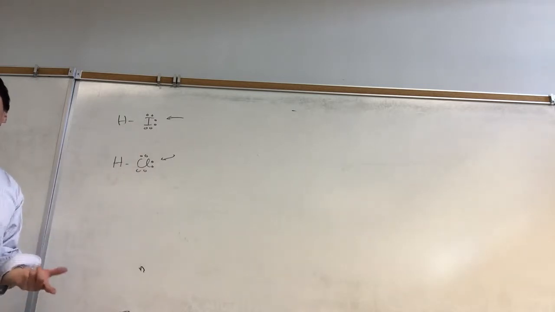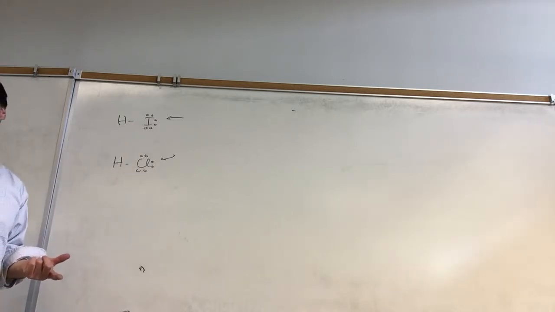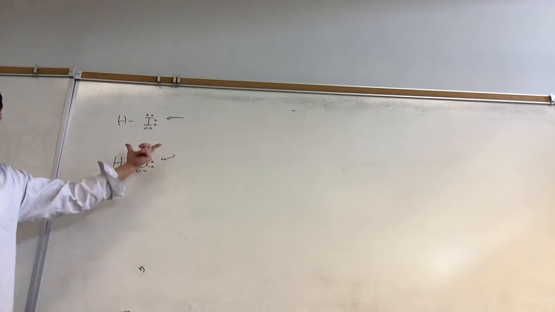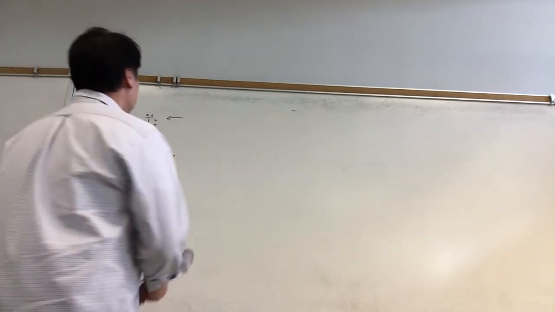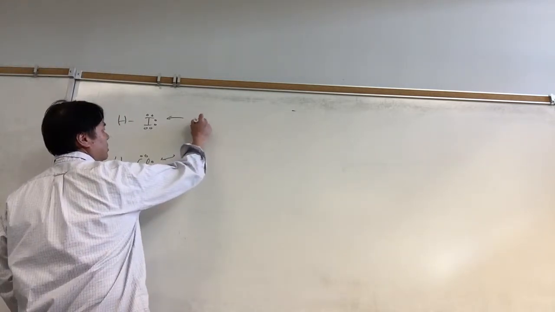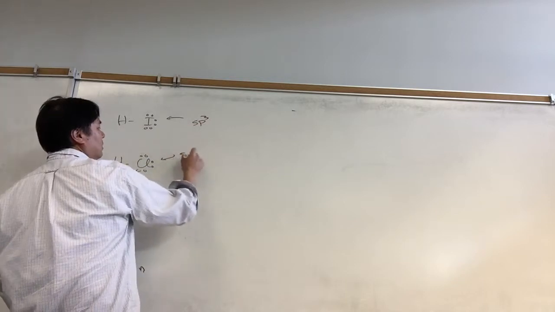Normally when we think about linear, we think sp, like you did, which makes sense. But no, we have to look, because we can get linear structures from sp, sp3d and sp3d2 hybridization. So just because we have a linear structure doesn't mean it's sp.